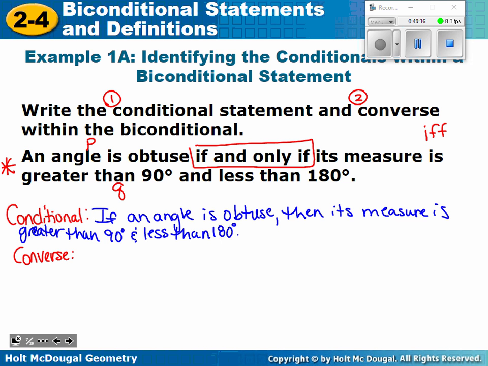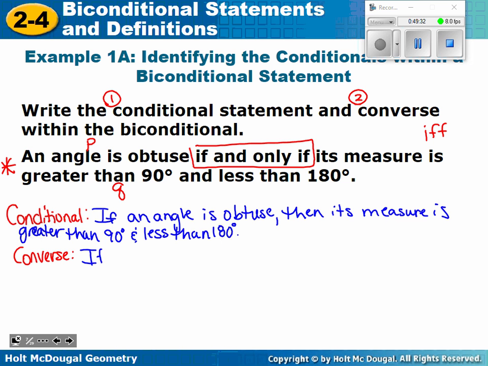What's the converse going to say? Very good, Karina. So notice that she did not start with if it's. She said if, and she went back and identified her subject first.